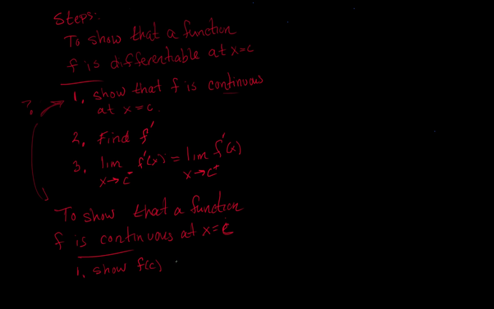That is, show that f of c is defined. There's no way a function can be continuous at c if it's not even defined at c. Step 2. Show that the limit as x approaches c of f of x exists.